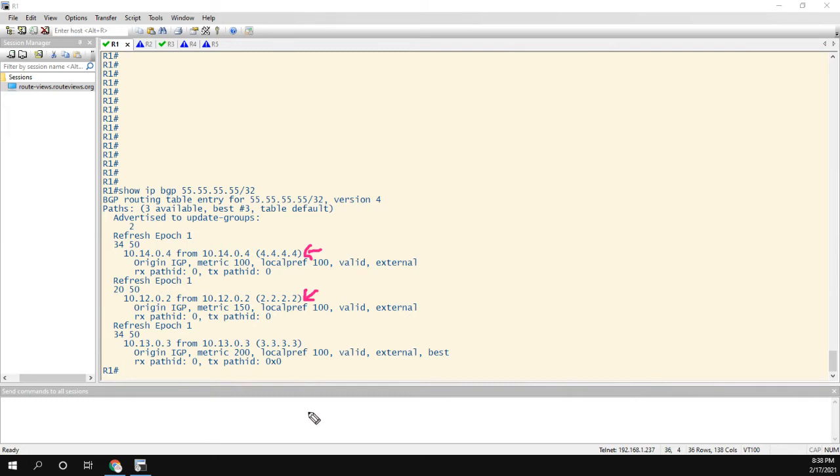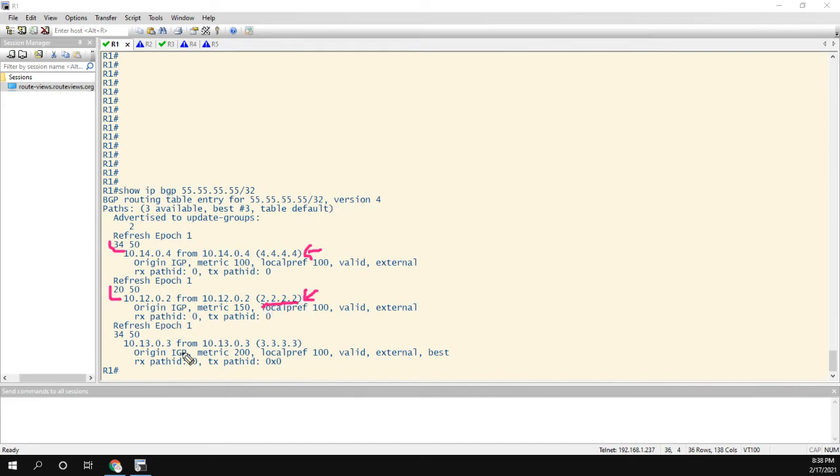Now, as you can see, most things are equal, but they have different AS path information. This one's coming from AS20, this one's coming from AS34. Therefore, MED isn't even considered. We go through all the tiebreakers, and the route from 2 actually is more preferred because it's older.